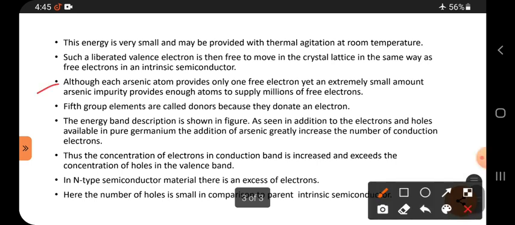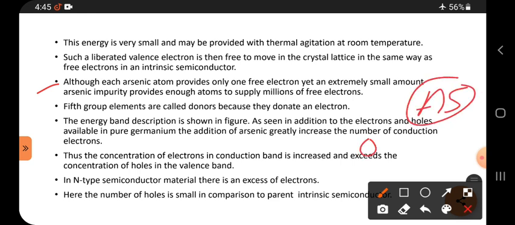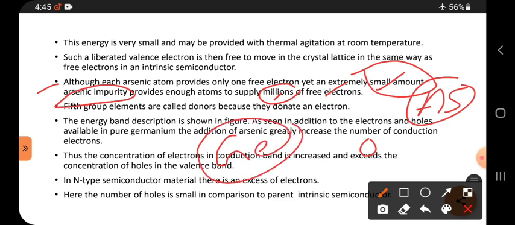Although each arsenic atom provides only one free electron, right? One arsenic can give one free electron. Yet an extremely small amount of arsenic impurity provides enough atoms to supply millions of free electrons. If we want to get millions of free electrons, what do we need? We need to add a small amount of arsenic impurity to the pure germanium crystal, the semiconductor crystal.